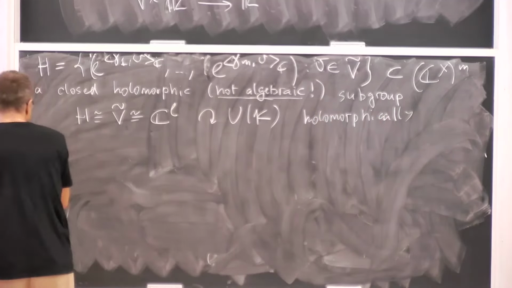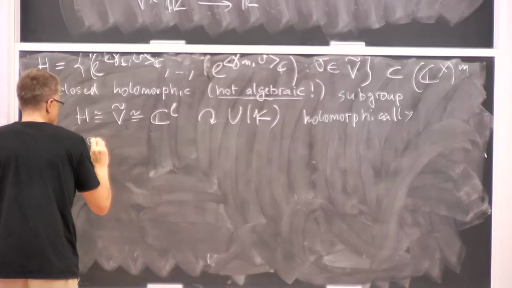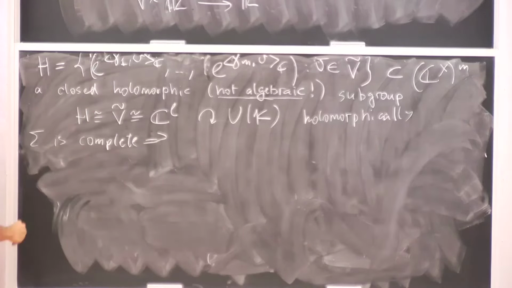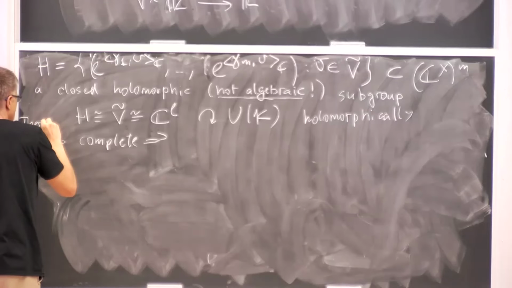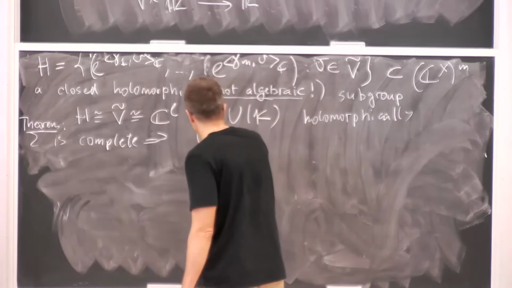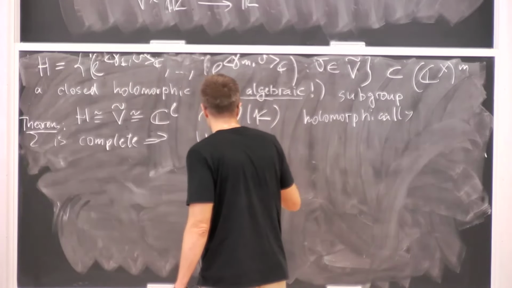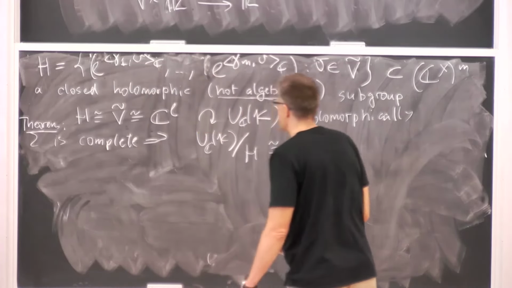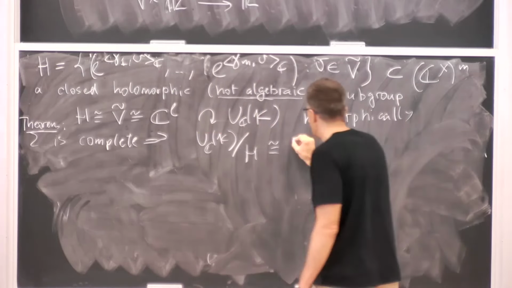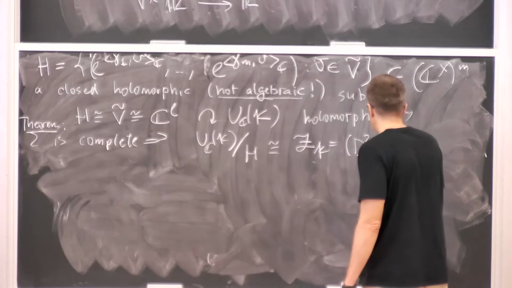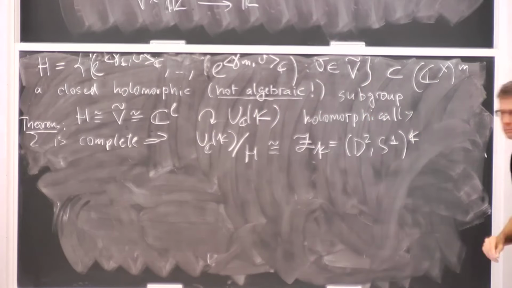So now if sigma is complete, let's put it as a theorem. If sigma is complete, then U of K modulo this H is homeomorphic to ZK, which is a complex moment angle manifold.